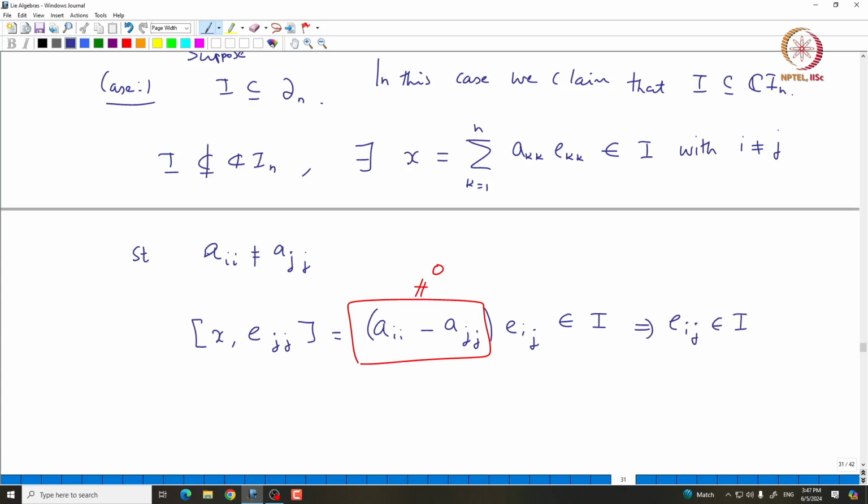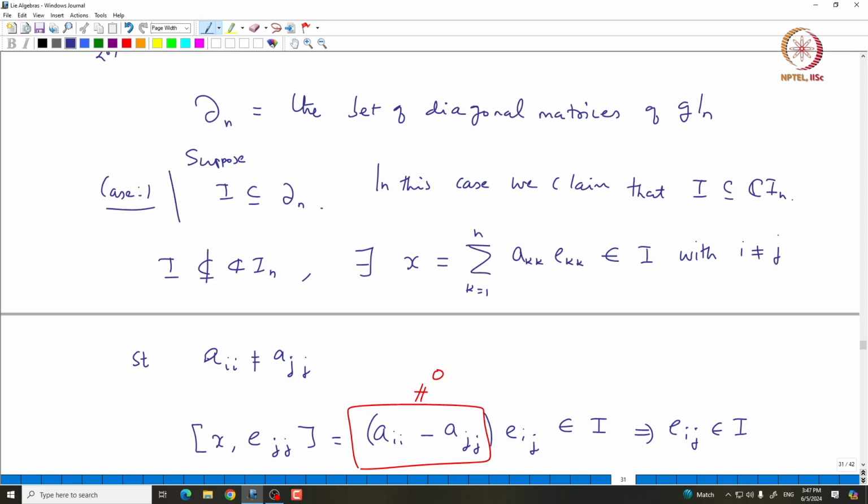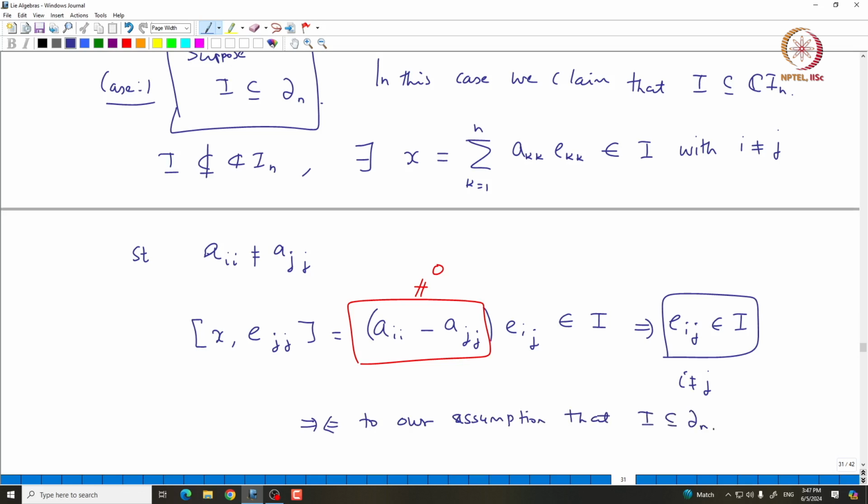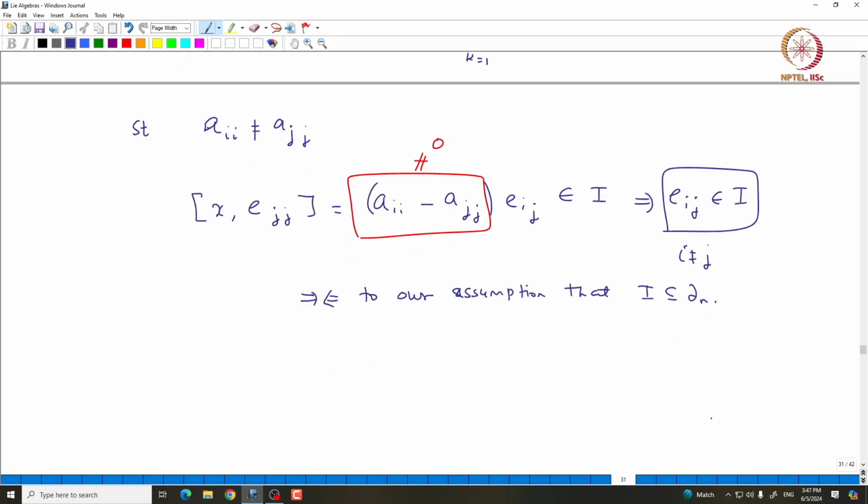To begin with we assumed that I is a subspace of the set of all diagonal matrices, but we have produced one element e_ij, where i is not equal to j, inside I, and this is a contradiction to our assumption that I is contained in D_n. So, this proves I must be contained in C times identity.